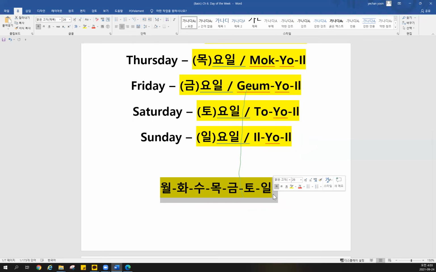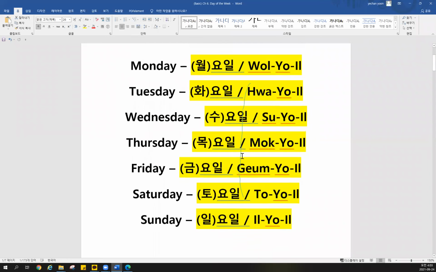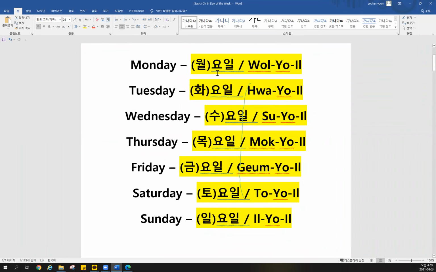For example, if you write 2021, September 23rd, and it's Thursday, you can say 목요일, but you can also just write 목. You can use both types of the word.